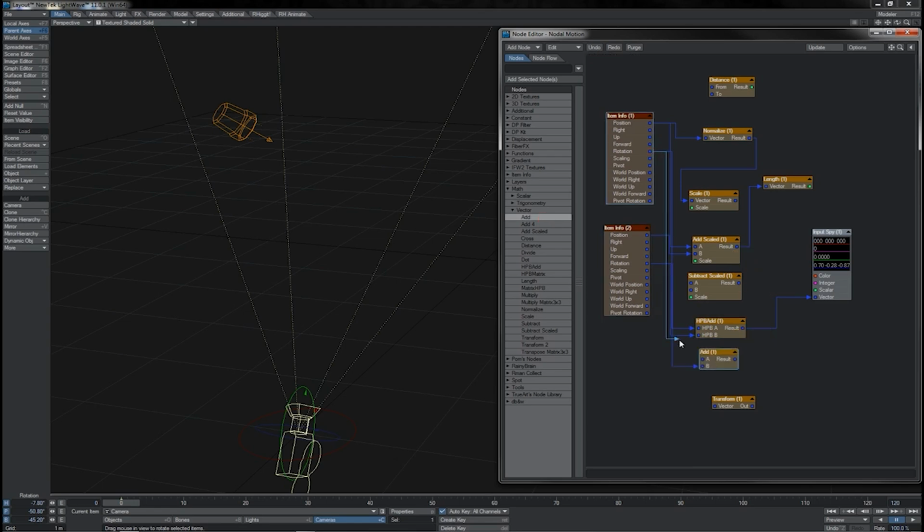If I take the same two outputs there, rotation for each, and we plug that into vector, you see we get a different result there, but only in the heading and bank channels, or the X and Z. This is down to LightWave's rotation order, of course, and the fact that it uses Euler coordinates to process rotations. Hence, you can't just add them up verbatim in the same way as you do positional coordinates. They have to be done in order. This is why we have the HPB add.